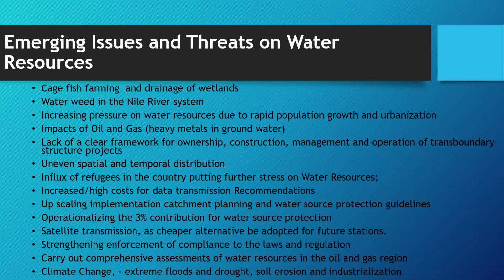To that urbanization, the wetlands. Then there is impacts of oil and gas. Those are the heavy metals in groundwater. Then we also have lack of a clear framework for ownership, construction. You find people are just constructing anywhere you feel like, as long as you have money.